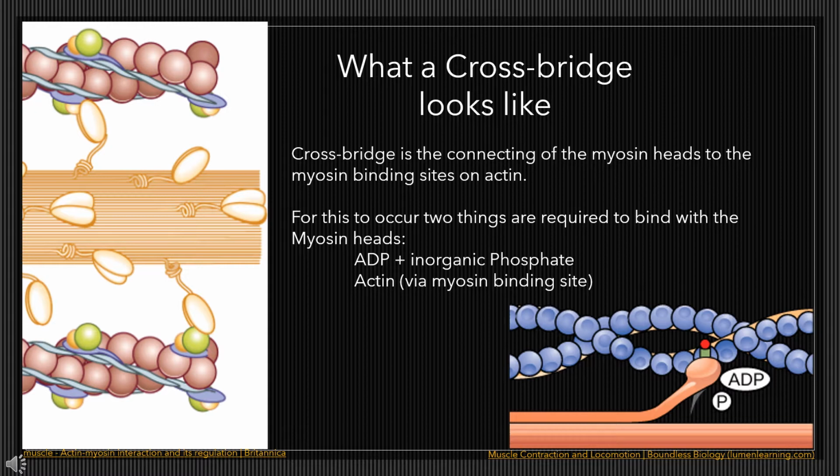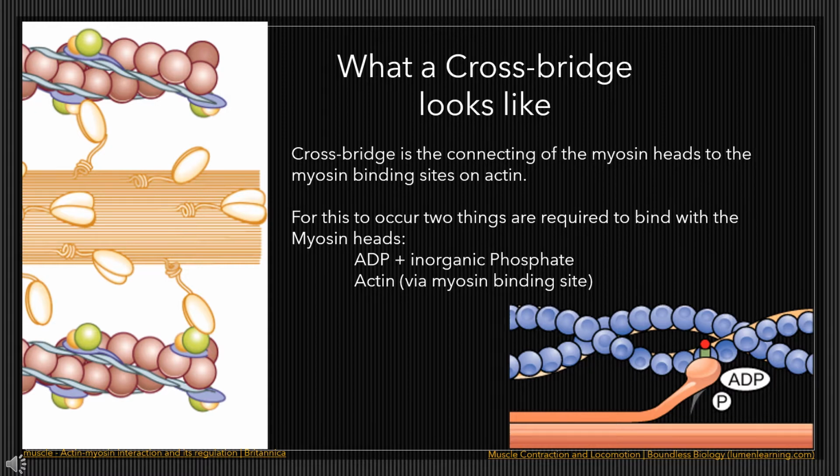Here we see a diagram of what a cross bridge looks like. This can be seen to the left of the slide and towards the bottom right of the slide. Cross bridges occur when the myosin heads are attached to the actin via myosin binding sites. In order for this to happen, two things need to be attached to the myosin heads.